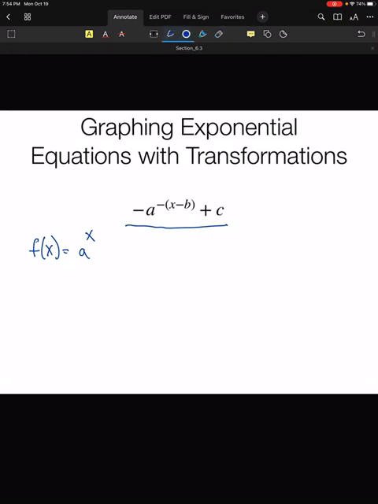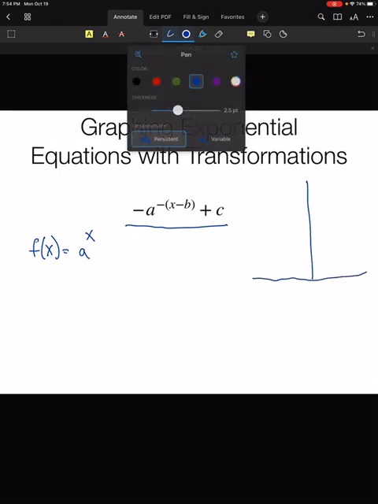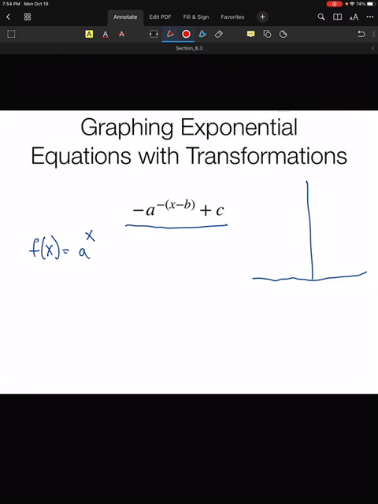So anyway, we have this base function, a to the x, and as we've seen before, if a is greater than 1, then the function is going to look like this. There are certain properties, like this point right here is going to be (0, 1), and so on.